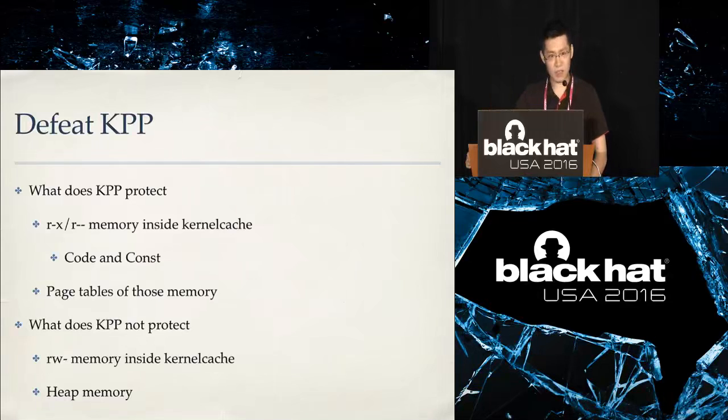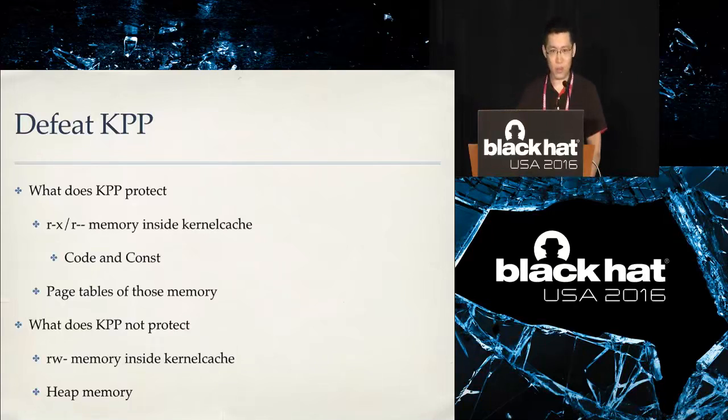That means Apple wants to protect all the kernel text code and all the const variables. We also found that the page tables of those protected memory are protected by KPP. That means you cannot change the protection of the memory from RX to RWX. If you make it writable, KPP will also trigger a panic.